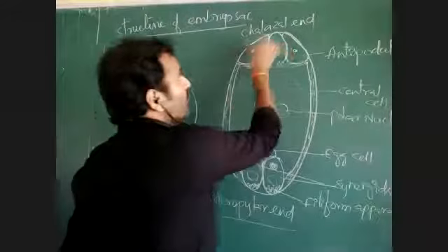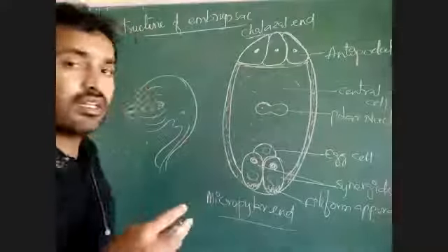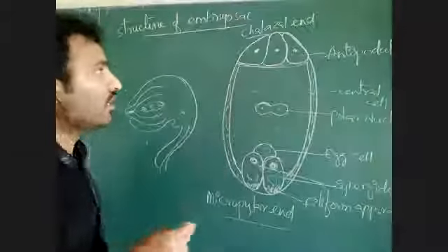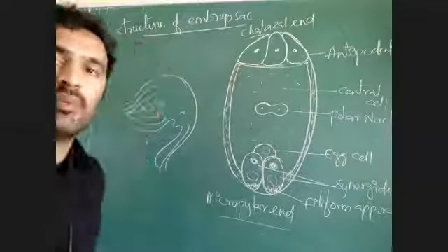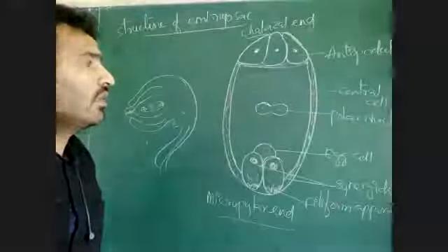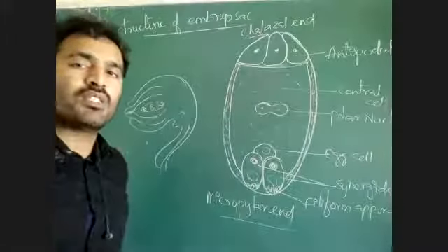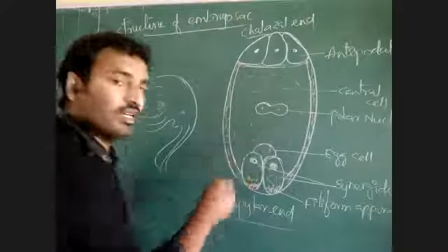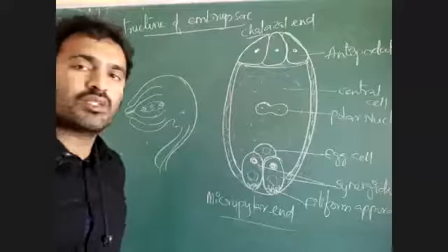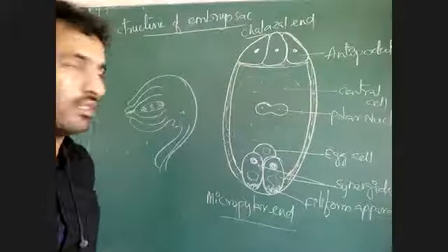Antipodals are three cells present at the chalazal end. They do not have any major function. Antipodals undergo degeneration before or after fertilization, once the egg cell is involved in fertilization.